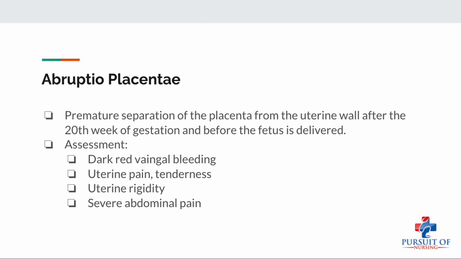And depending on where the separation is, there may be an absence of bleeding, but know the difference that placental abruption is going to be very painful, whereas placenta previa is painless.